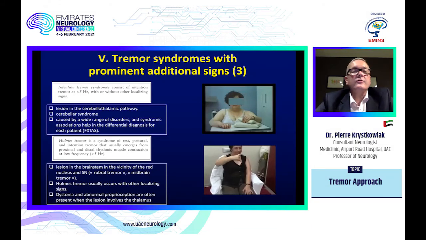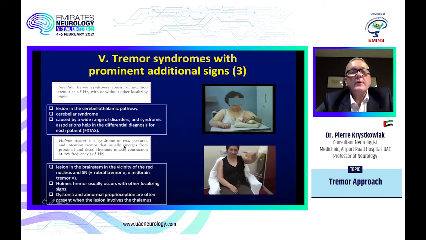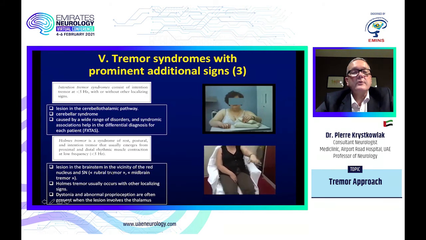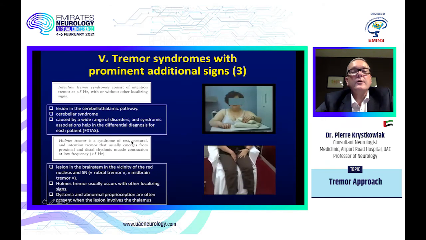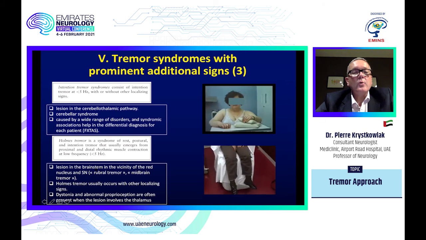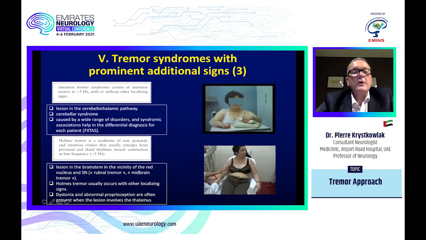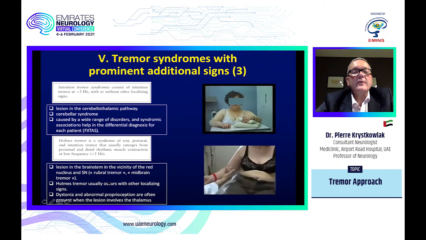In this intention tremor, you can, for example, find the FXTAS syndrome of the X-fragile premutation. Holmes tremor is a very interesting entity that is due to a very slow tremor, essentially an intention tremor, but also with a rest component. Why is there a rest component? Because this is a tremor related to a lesion in the brainstem, in the vicinity of the red nucleus, but also of the substantia nigra.